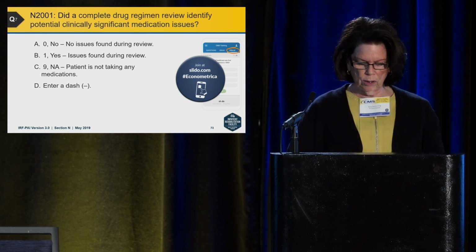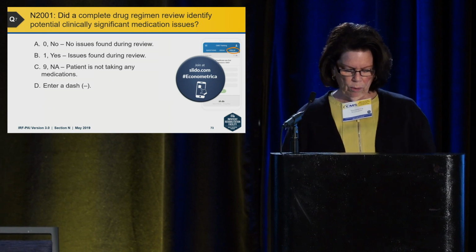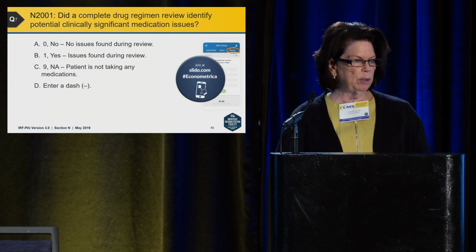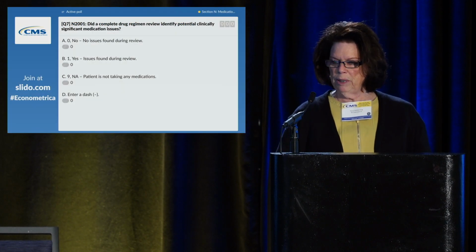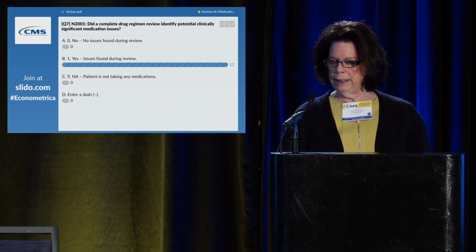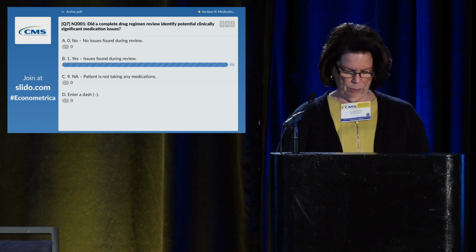So for N2001, did a complete drug regimen review identify potential clinically significant medication issues? Your response options are A, 0, no, B, 1, yes, C, 9, non-applicable, D, enter a dash.